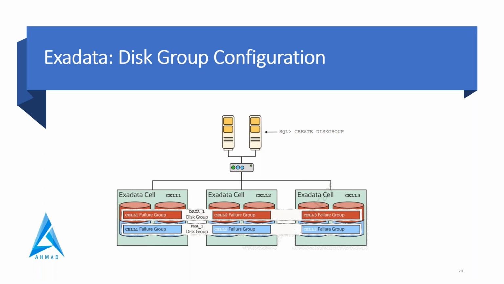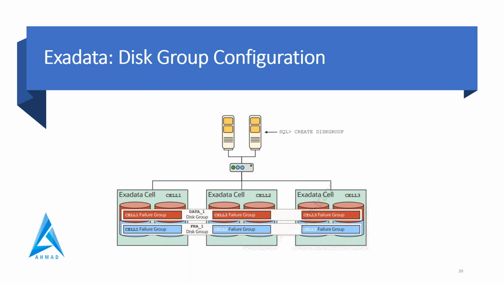After grid disks are configured, ASM disk groups can be combined to consume Exadata storage. This slide is an example where two ASM disk groups are defined. That is, the DATA1 disk group is defined across all of the red grid disks, and the FRA1 disk group is defined across the blue grid disks.